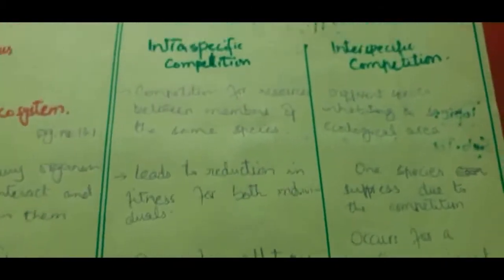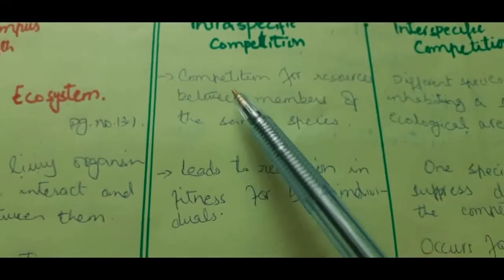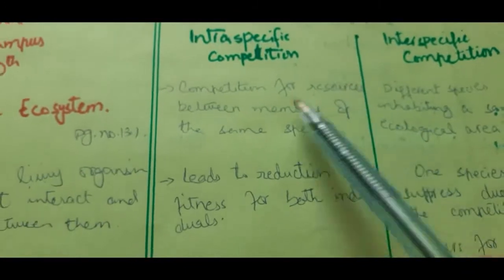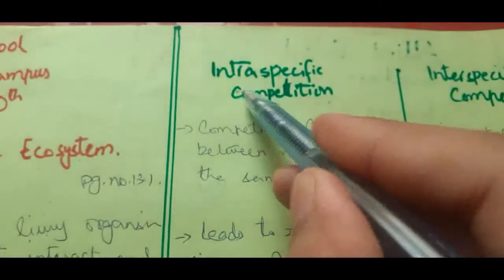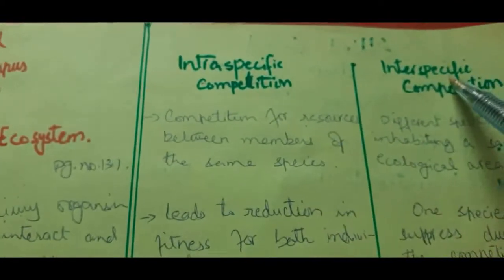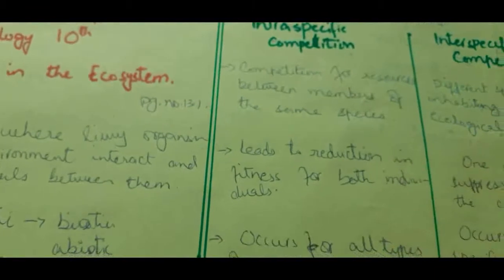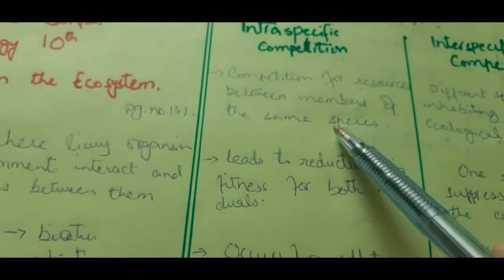So if you look over here, this is intraspecific competition. Intraspecific competition is a competition for resources. Don't go for competition now. Just try to understand the meaning of intraspecific and interspecific. So intraspecific is which type of interaction? Which occurs between the same species.